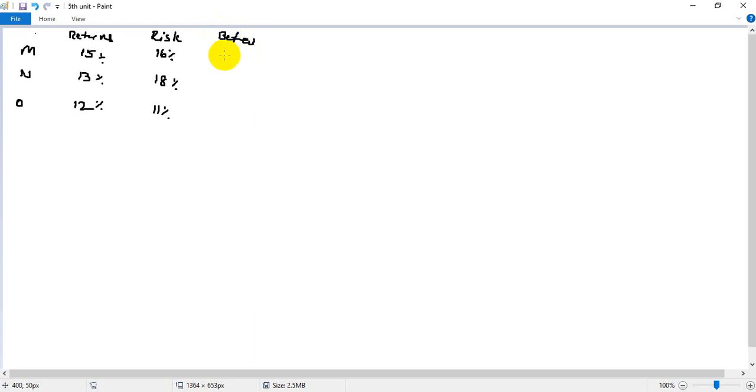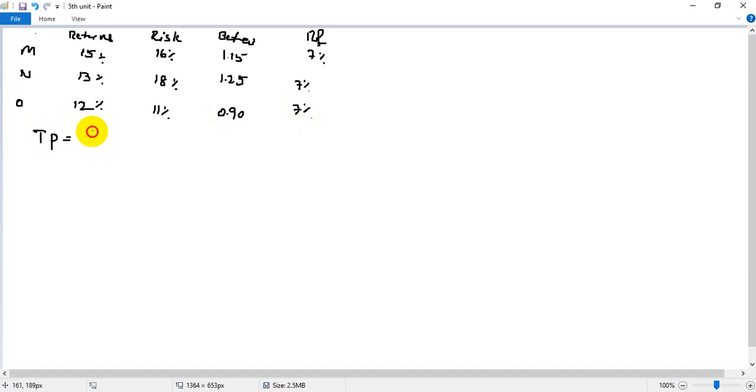Beta has been given as 1.15, 1.25 and 0.90. Your risk-free rate or RF has been given as 7% in all of them. So we are going to calculate now the Treynor performance index.